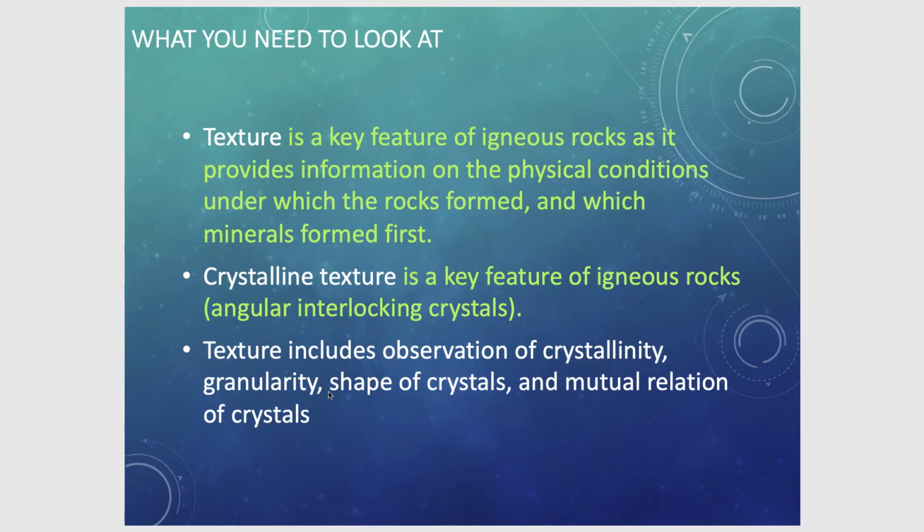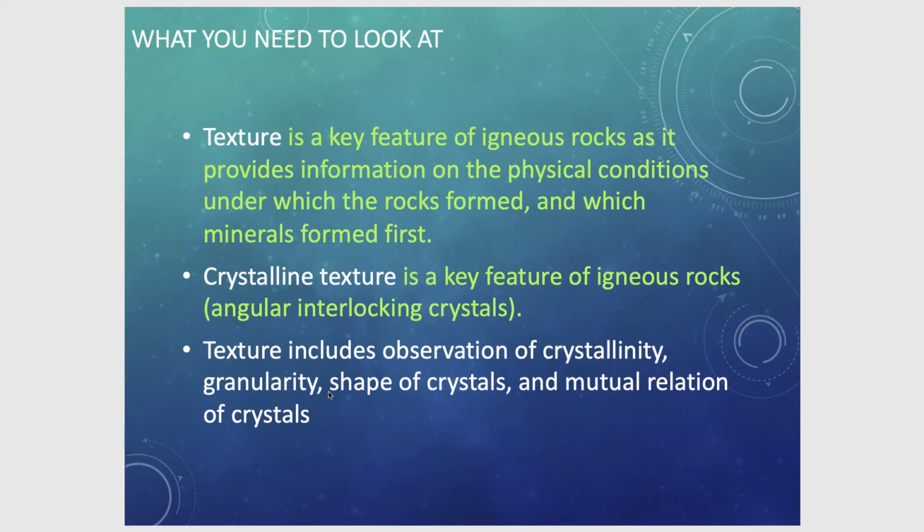Quite often we have crystalline texture in igneous rock. That's represented by the angular interlocking of crystals, and quite often when you have to describe a rock, you will need to understand if the rock is holocrystalline, for example.